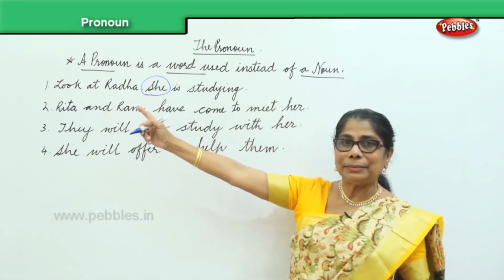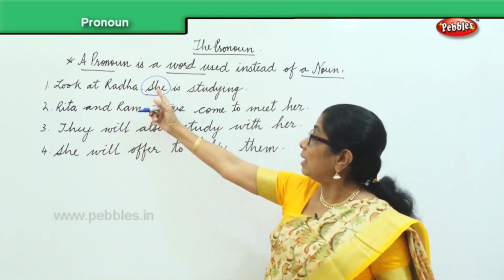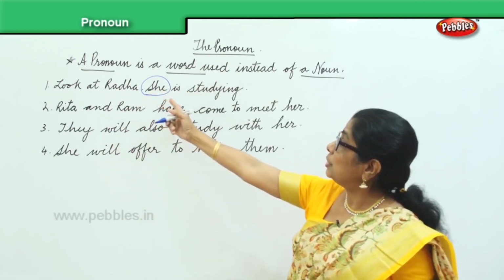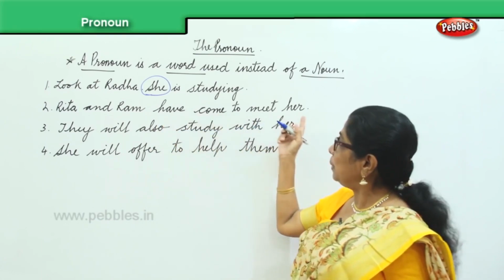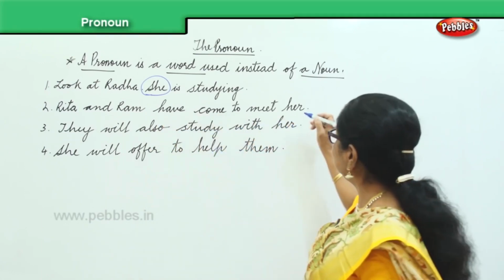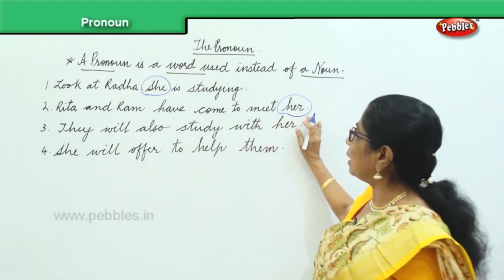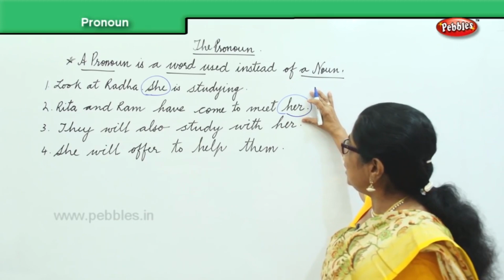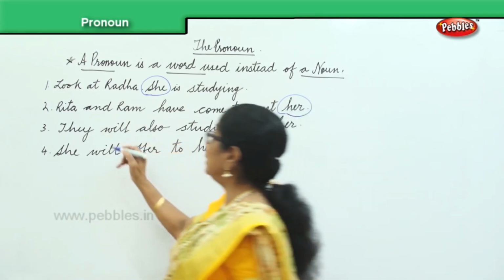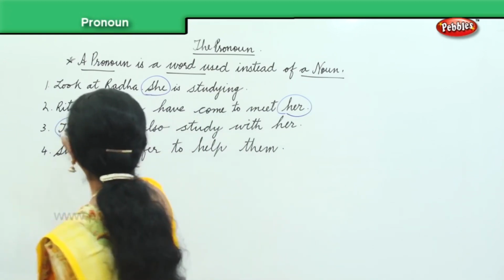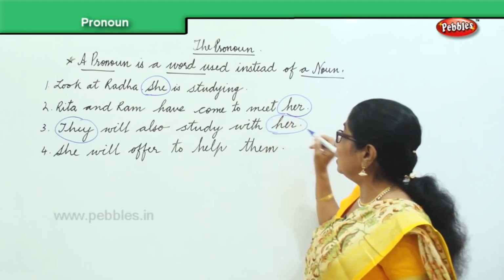We have used she instead of Radha. Instead of saying Radha is studying, we say she. So she is a pronoun. Rita and Sam have come to meet her. Instead of saying Rita and Sam have come to meet Radha, they say her. So she, her. They, Rita and Sam, they. They will also do the study with her. Her is that Radha.